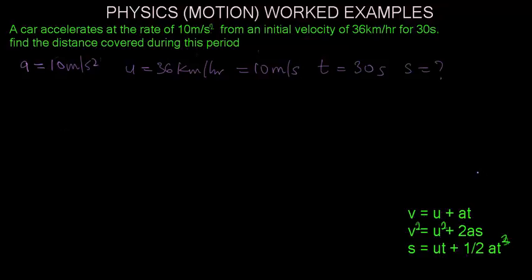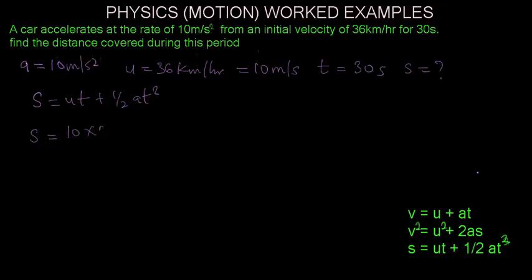So the equation of motion that we can use here is equation 3, and so we make use of s is equal to ut plus half at squared. S is unknown, and then our u is 10 meters per second times t.